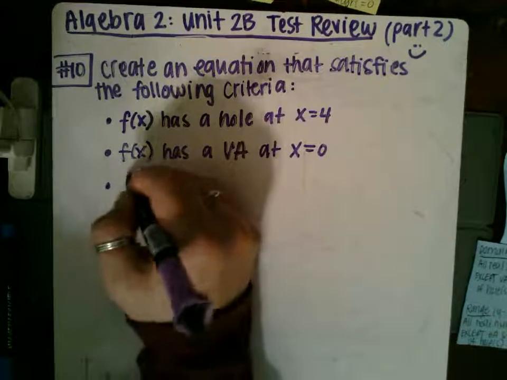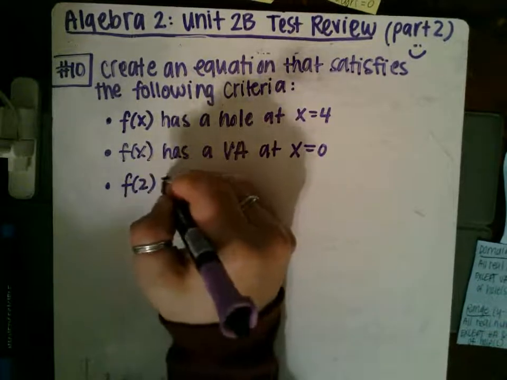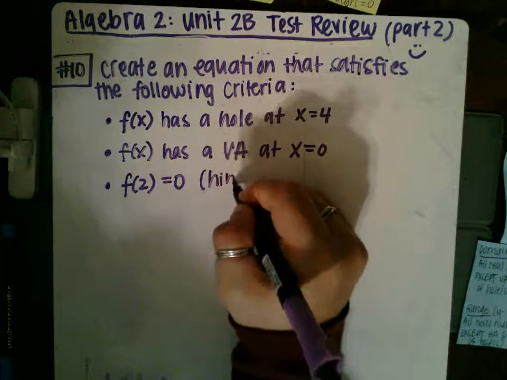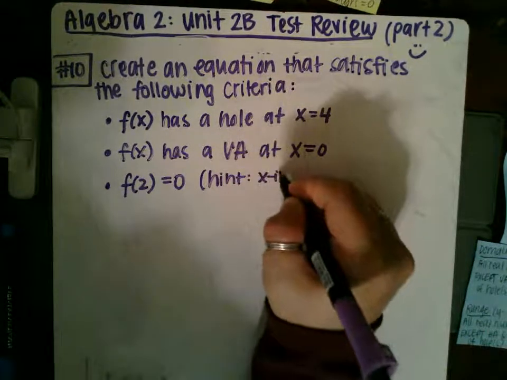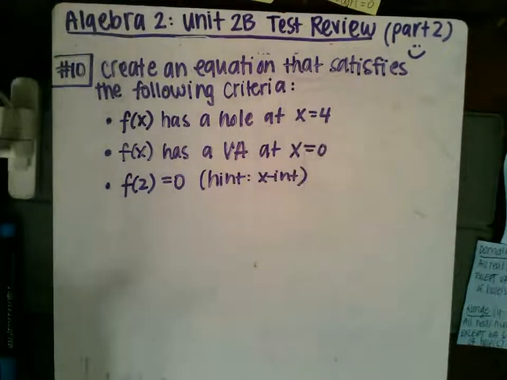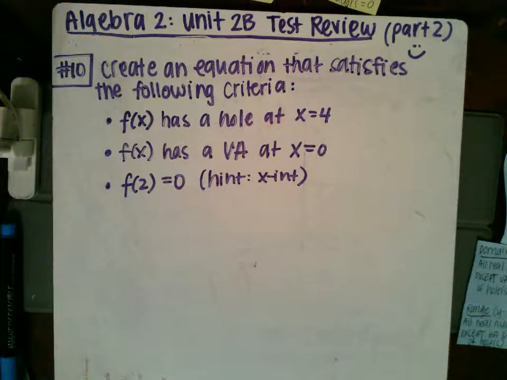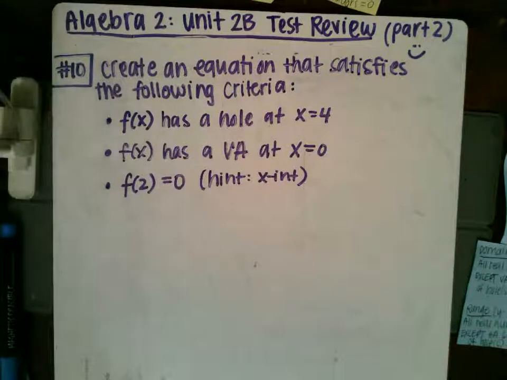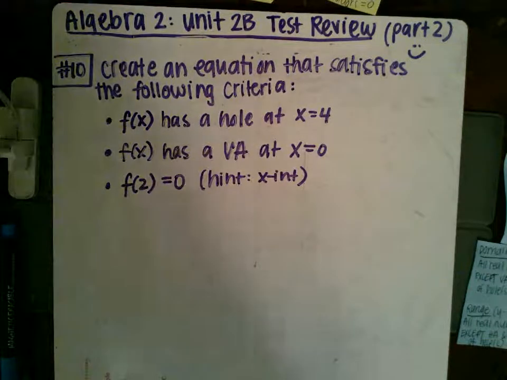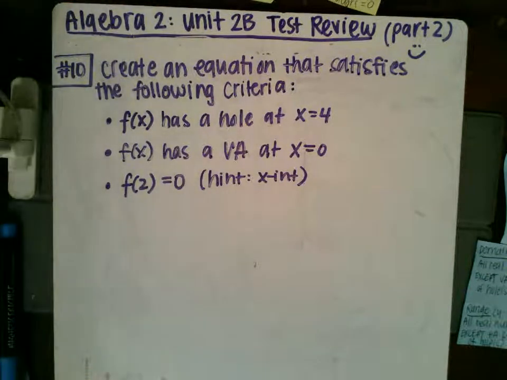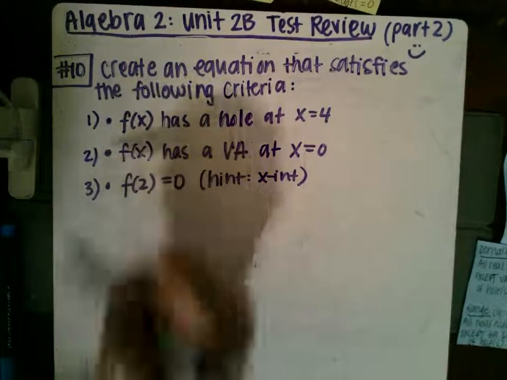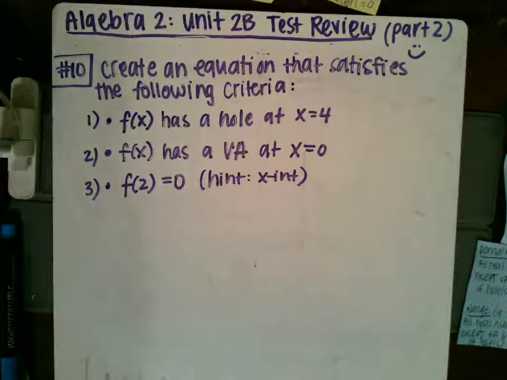And it says f of 2 is equal to 0. And then there's a little hint for us. It says hint, x-intercept. Okay, so our goal for this problem is to create an equation that has all of these 3 things. We're coming up with a rational equation that has these 3 things. So I'm going to label them 1, 2, 3, just so that we can go through them one at a time.